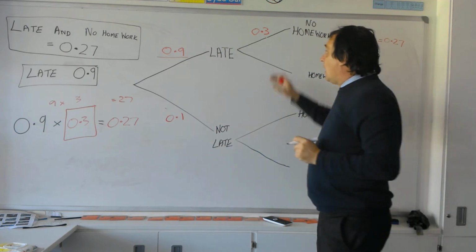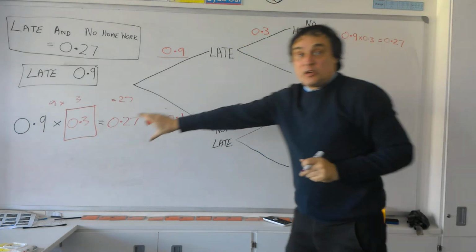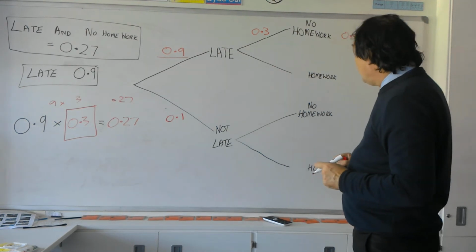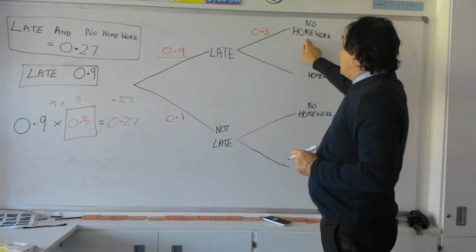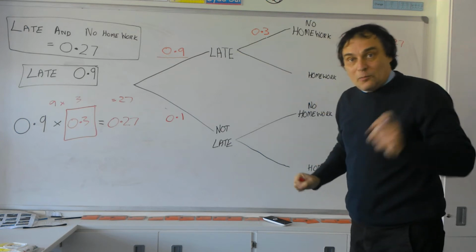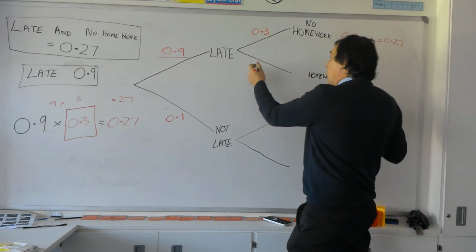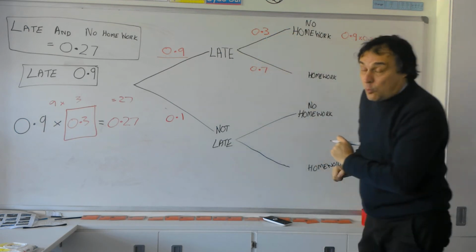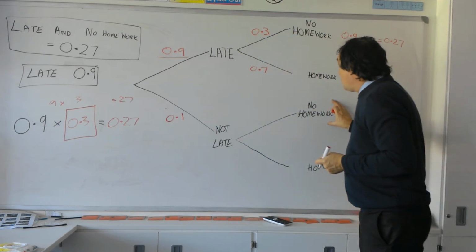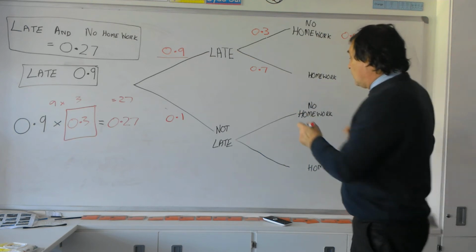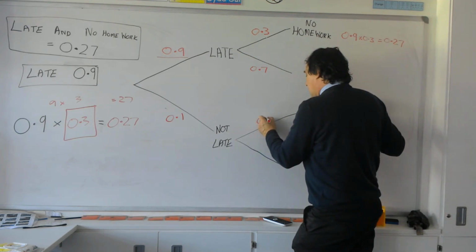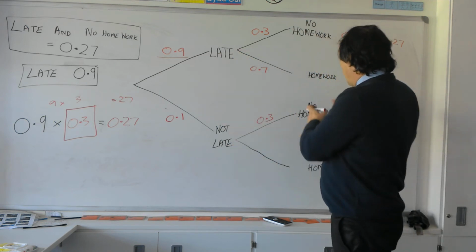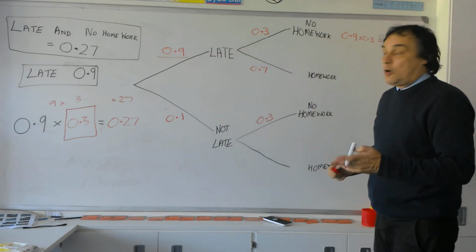Okay, now we've worked out that mystery number, we've almost cracked the whole probability tree, because 0.3 means no homework, so the probability you hand homework in, we can fill in as being 0.7. 0.7 here, remember our rule of 1. No homework again on this branch will also be 0.3, because remember, it doesn't matter whether you're late or not, it does not bear on whether you have handed in your homework or not.